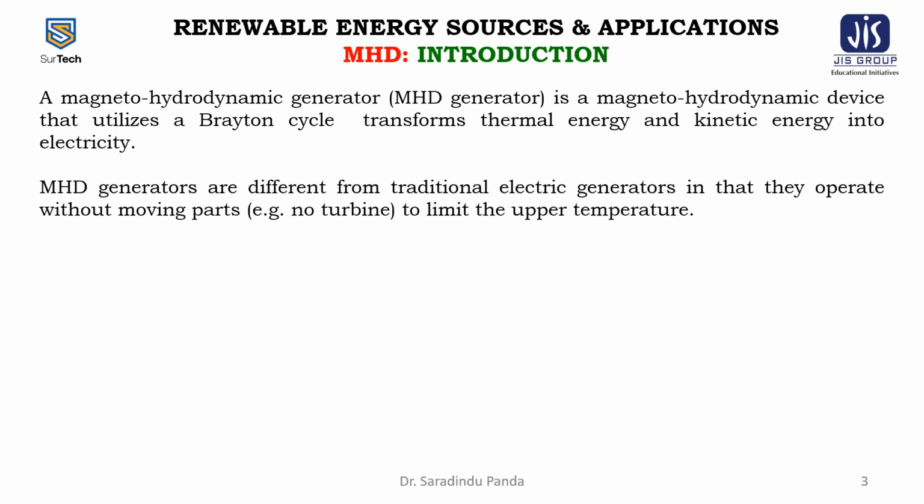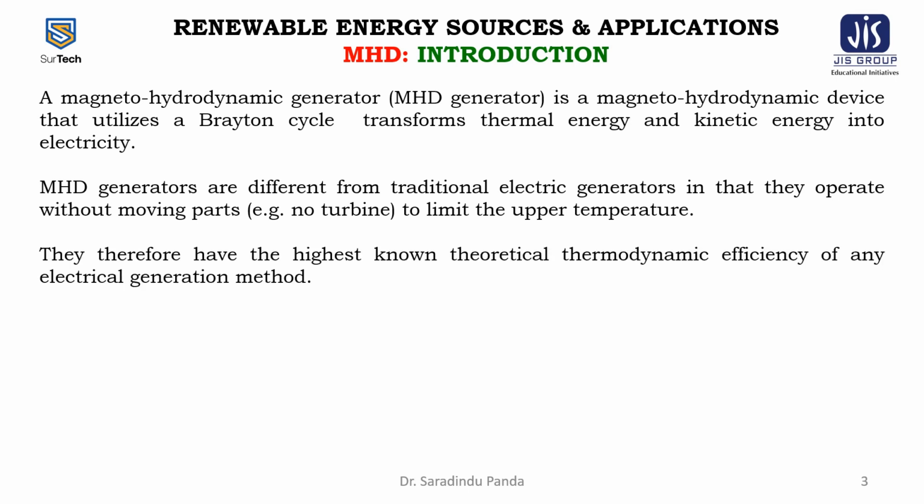MHD generators are different from traditional electric generators in that they operate without moving parts. There is no turbine to limit the upper temperature. They therefore have the highest known theoretical thermodynamic efficiency of any electrical generation method.